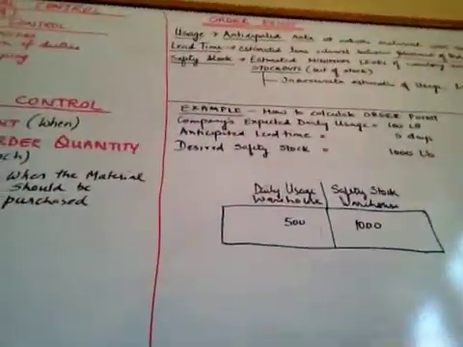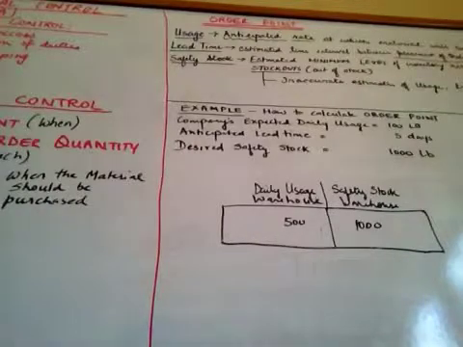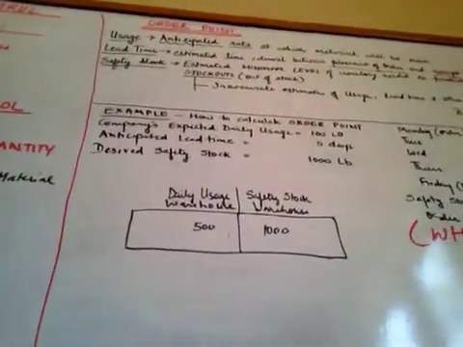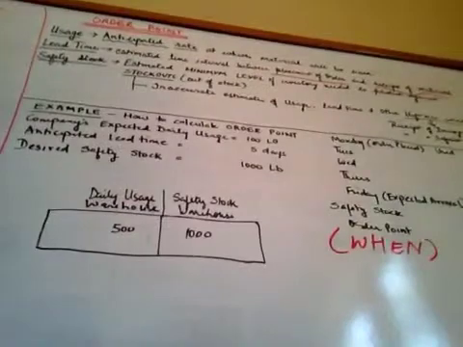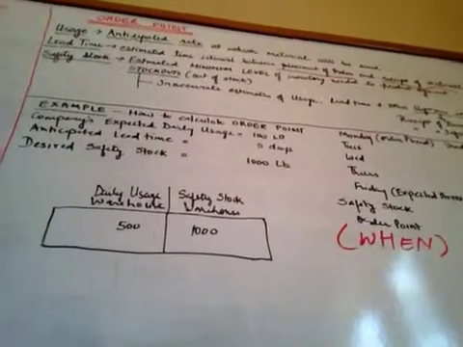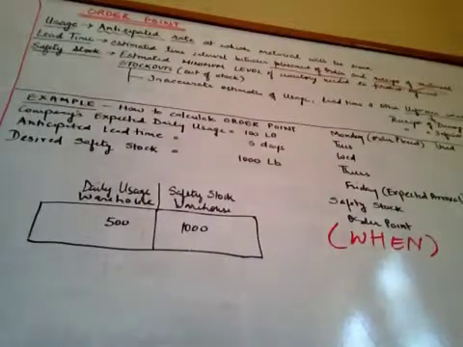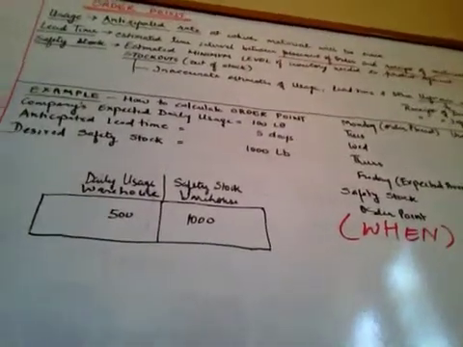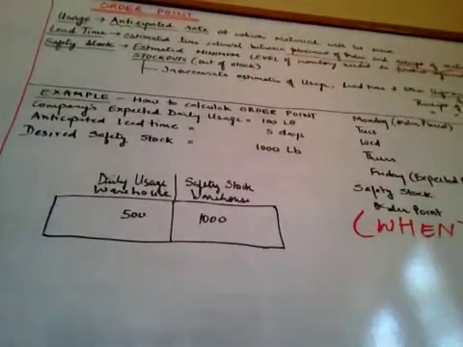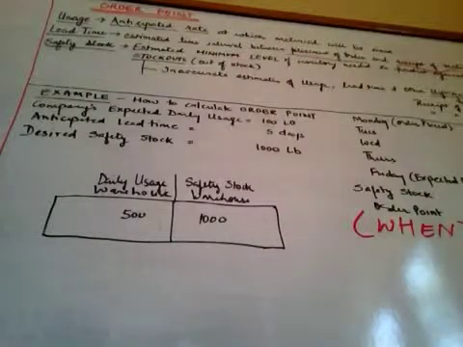On this side of the board, I have given some definitions of the terms. The first one is usage. Usage means the anticipated rate at which the material will be used.